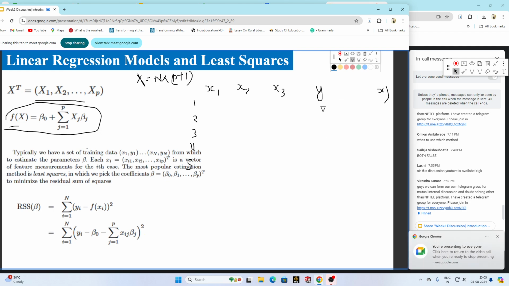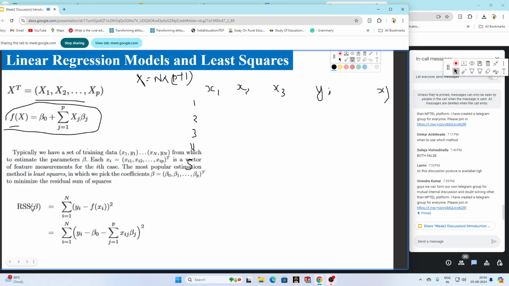These are the actual values. This y is the actual, or yi. But f(xi) is the predicted value. So we have the actual value and the predicted value. Now we can find the residual sum of squares.